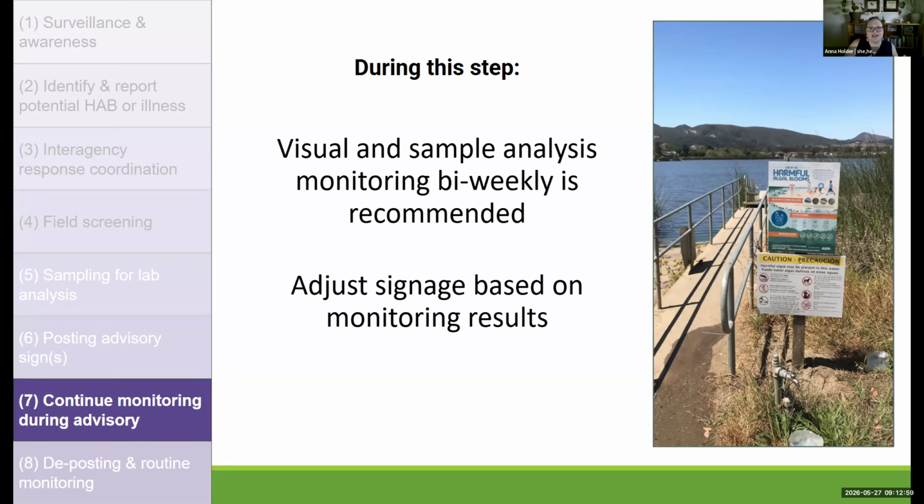So really understanding how the harmful algal bloom is moving through the waterways so we can continue to update our guidance accordingly. And then hopefully we're monitoring once everything's all clear and we can go through the process of deposting the advisories after the toxicity of HABs is below the public health advisory thresholds.